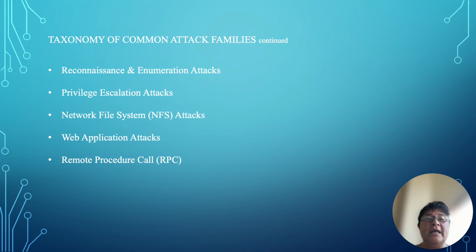Let's talk now about reconnaissance and enumeration attacks. These are techniques used to collect information about system services and users without direct exploitation. Attackers identify open ports, software versions, and exposed services to determine viable attack paths.